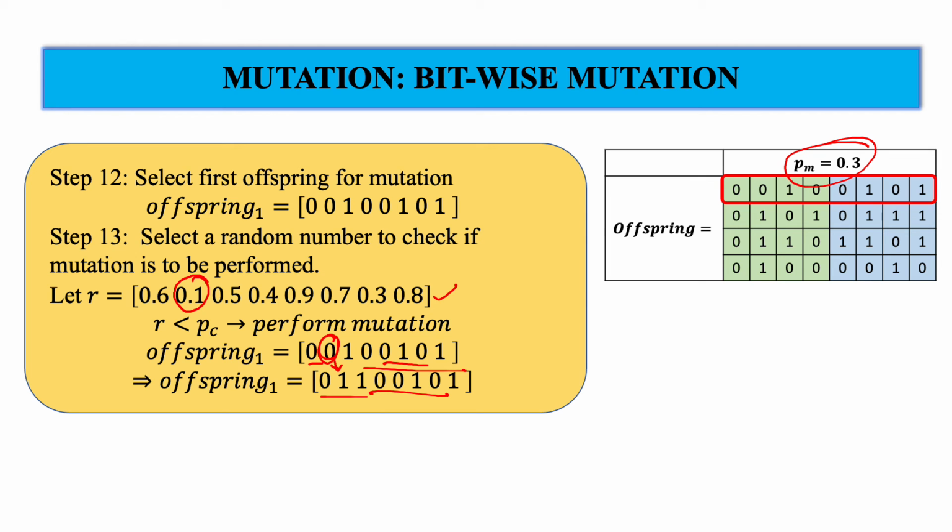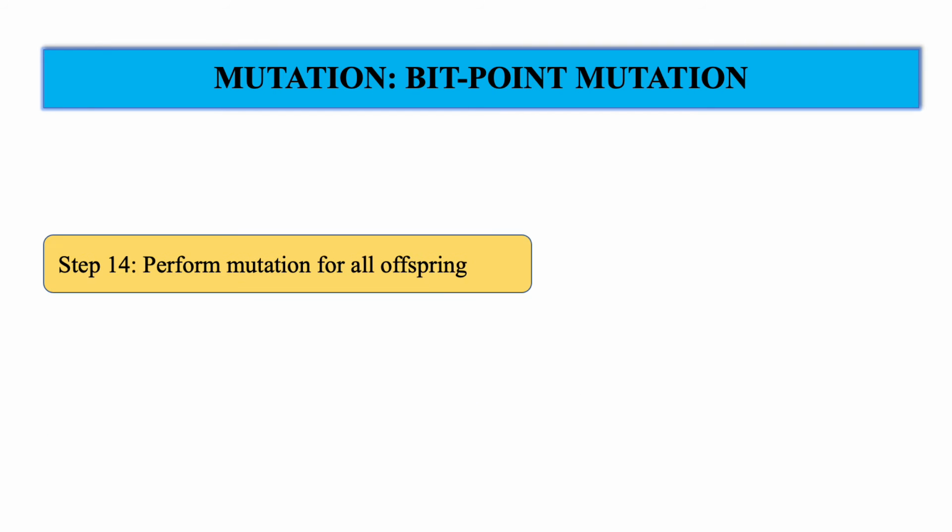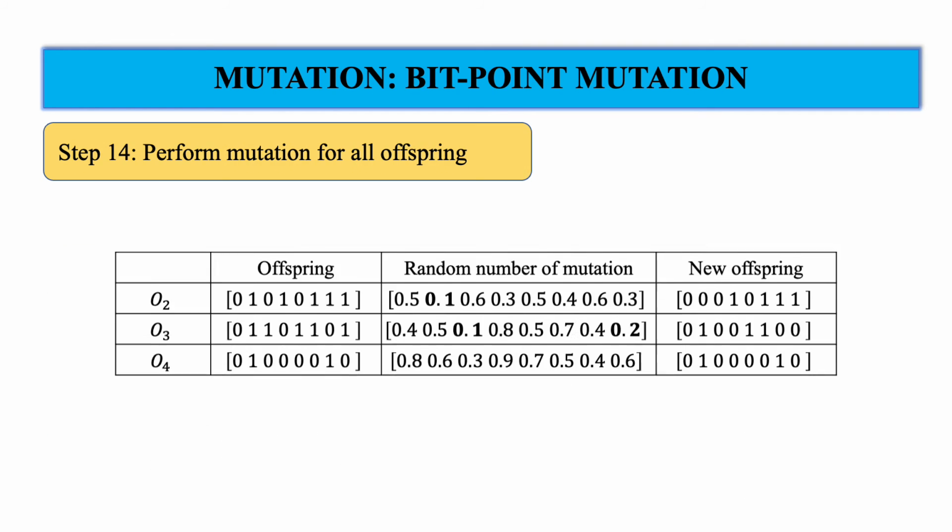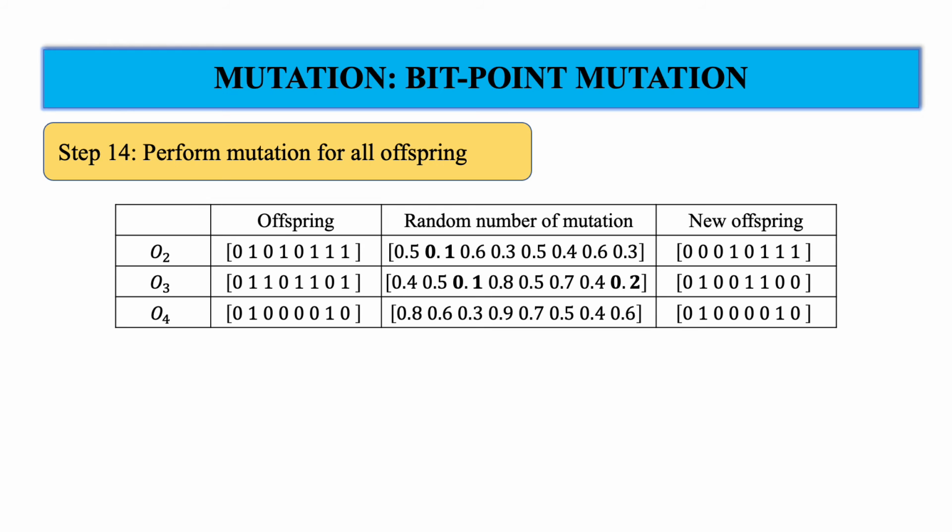Now similarly we will apply it to the other 3 offspring. So similarly we have performed the mutation process for all the offspring. Here we have O2, O3, O4, and since we have 8 bits for each offspring, we have to generate 8 different random numbers, and whenever a number is less than 0.3, our mutation probability, which is a user defined value, we need to change that bit.